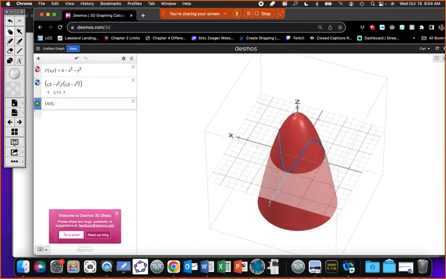We had 0, 0, f of 0, 0, which was 0. And then we had square root 3 halves, 1 half, and then 2 1/4. And then we had the opposite of that.